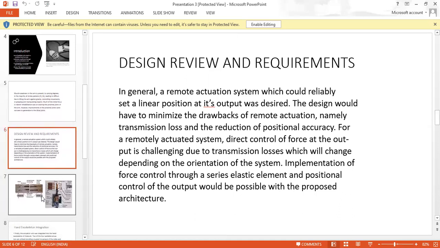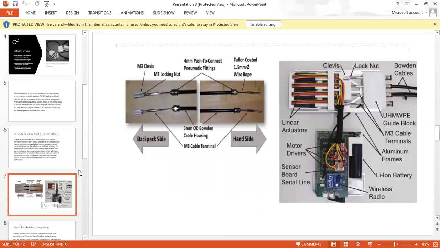In the next figure, we are discussing the picture of the exoskeleton diagram. Here we can see two figures, where the back side and the hand side are the two sides. The parts include M3 cables, M3 locking nut, Bowden cable and cable housing, M3 cable terminal, and Teflon coated 1.5 mm wire rope.